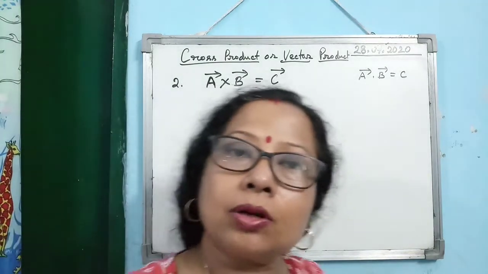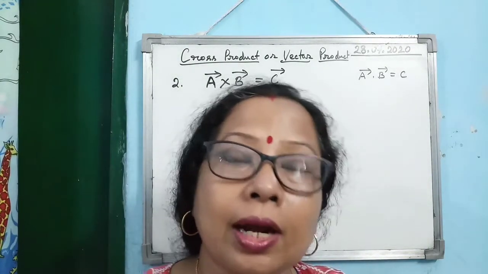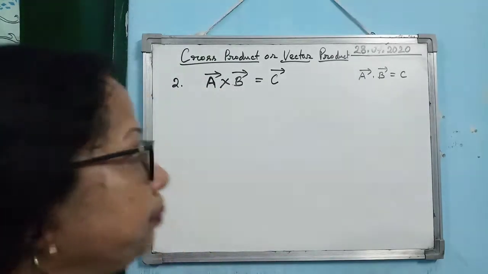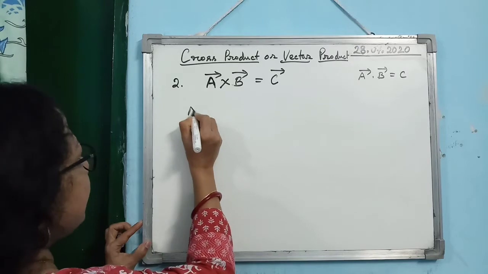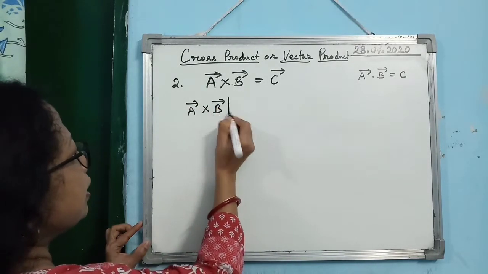Very simple concept: by taking the product of two vectors, you are getting a vector quantity. Now the question is, what is the magnitude of A cross B?